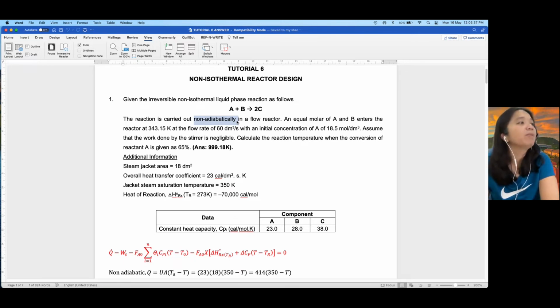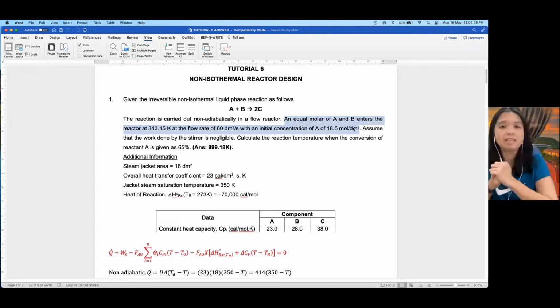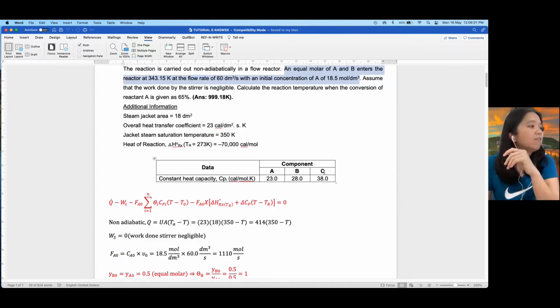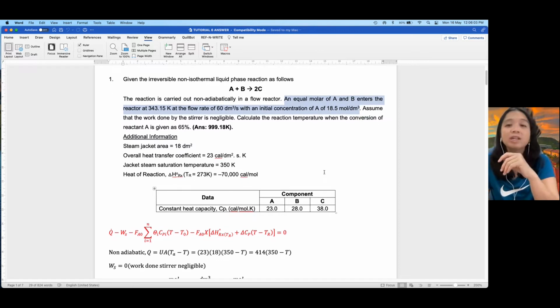The next one: an equimolar amount of A and B enters the reactor at 343.15 Kelvin at a flow rate of 60 dm cube per second with an initial concentration of A of 18.5 mole per dm cube. From this one sentence, you can see there are a few pieces of information that you have to understand. First of all, equimolar.